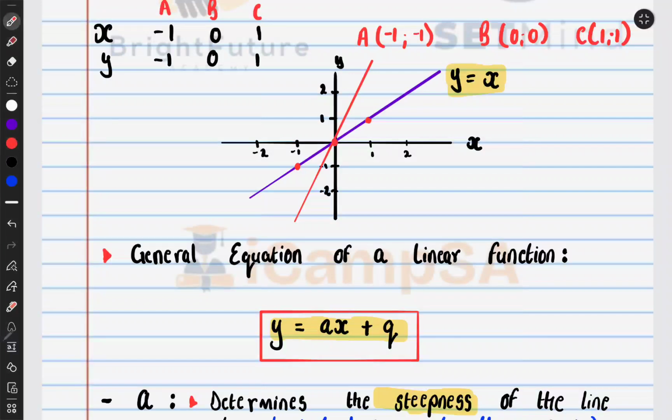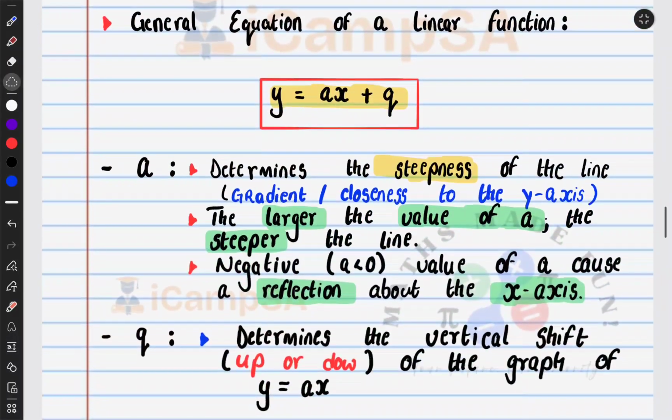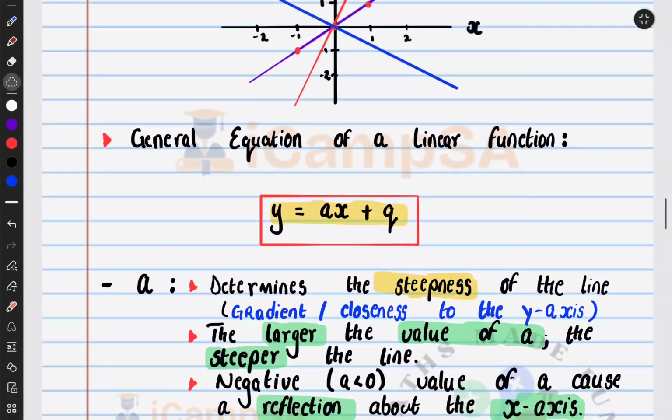Maybe let me do this. If you see this first transformation, it could be y is equal to 2x. We have increased the value of a to 2. Then with the reflection about the x-axis, you'll have a function of this form. That is when we have a negative value of a.